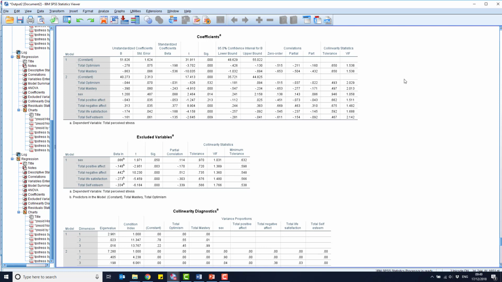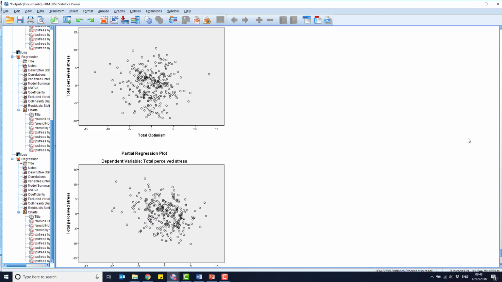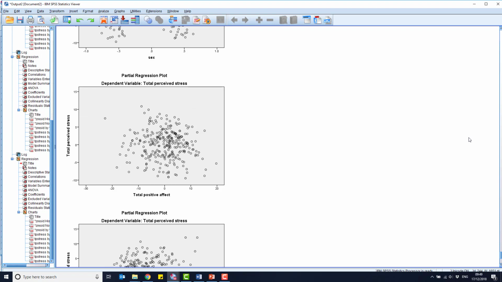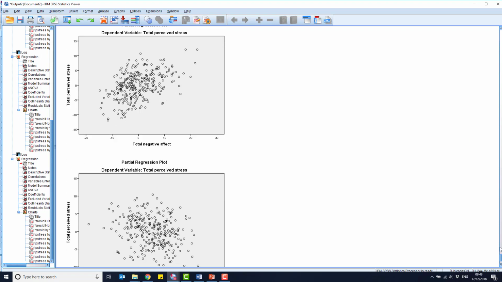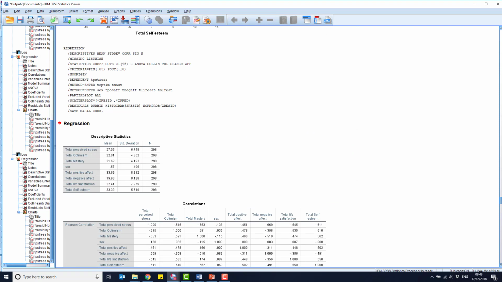Again, you would report each of the steps, and you would look at the change. That would be an important thing to draw out in your interpretation. But you report both steps and you'd interpret what they mean. Again, the rest of the output remains the same. So that's how you might draw out some of the key things with regression.